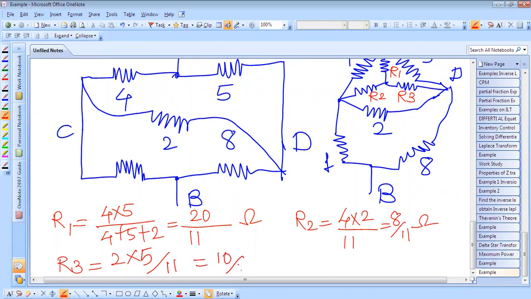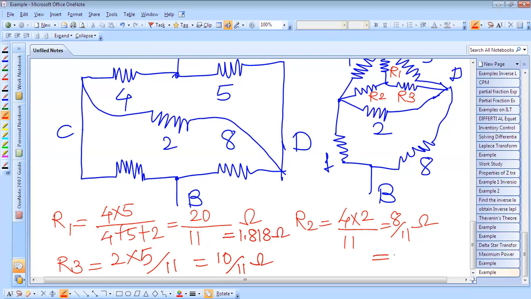So 10 by 11 ohm. We get here 20 by 11, 1.818 ohm.